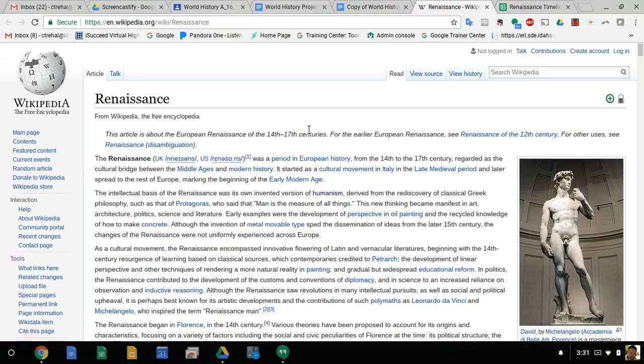So I see here, Renaissance was a period from the 14th through 17th century, a cultural bridge between the Middle Ages and modern history, started as a cultural movement, later spread to the rest of Europe, beginning the early modern age.